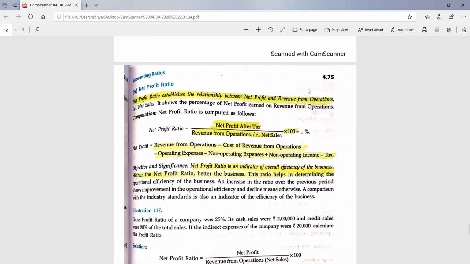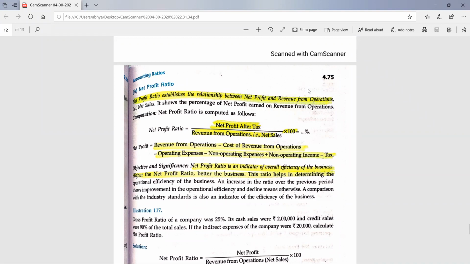Remember that it is after tax, not before tax. Whatever net profits you were getting in 11th class, the final answer of P&L account, that was the profit before tax. So if net profits are given and tax rate is also given, you have to deduct the taxes first. Then you consider the net profit after tax upon RFO into 100.